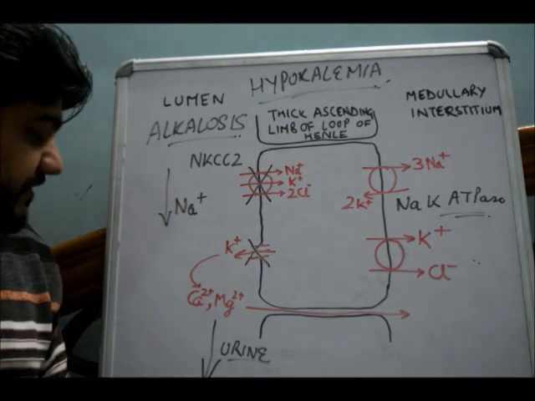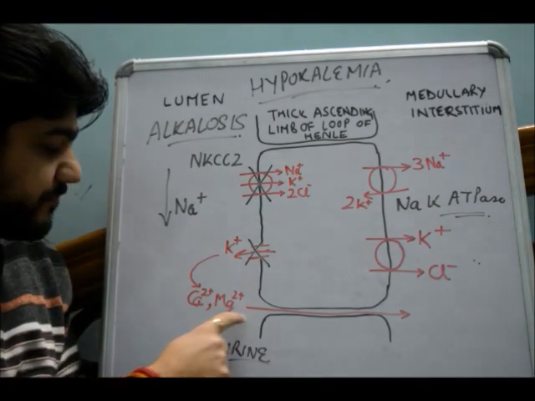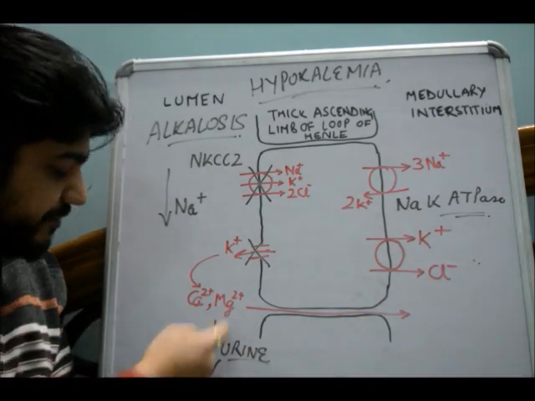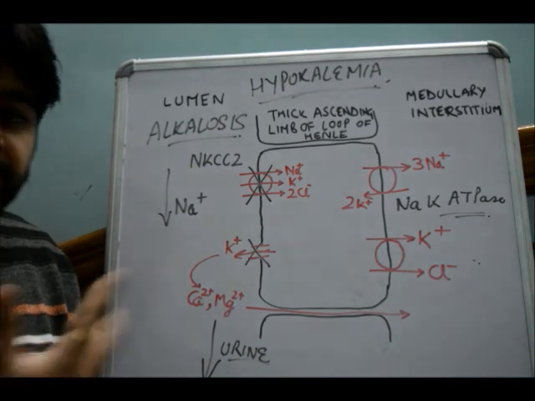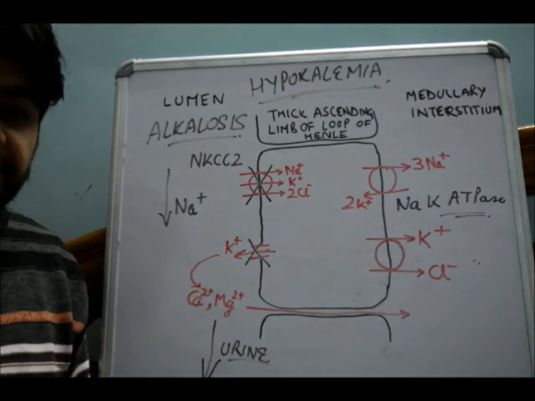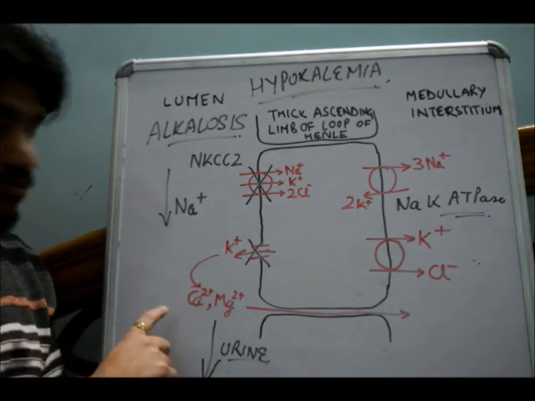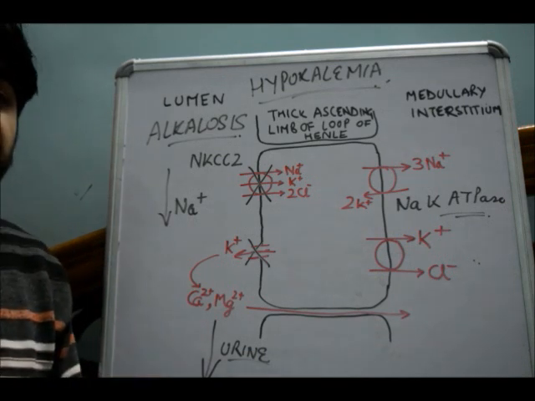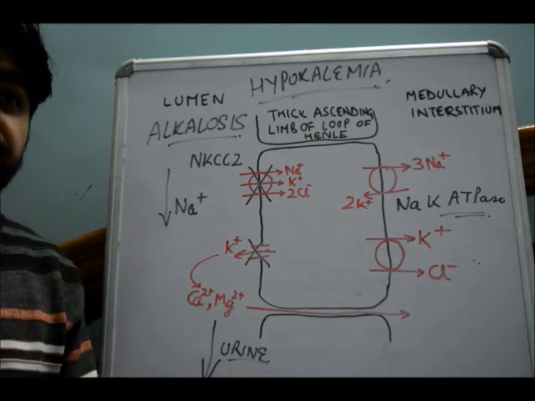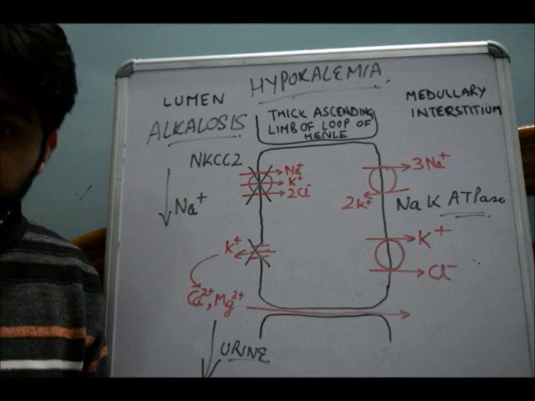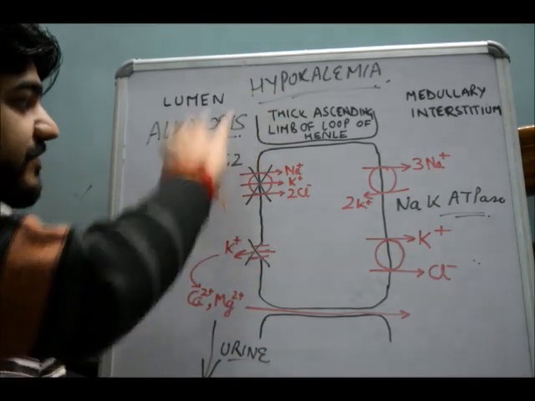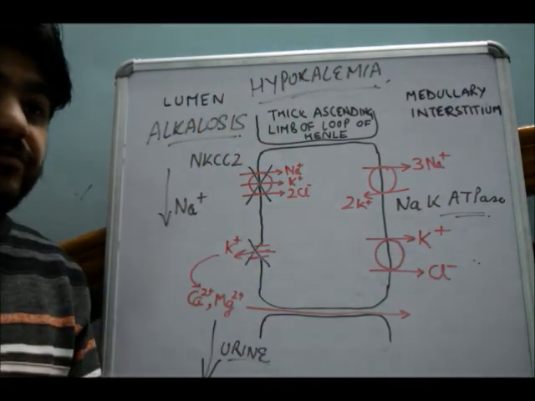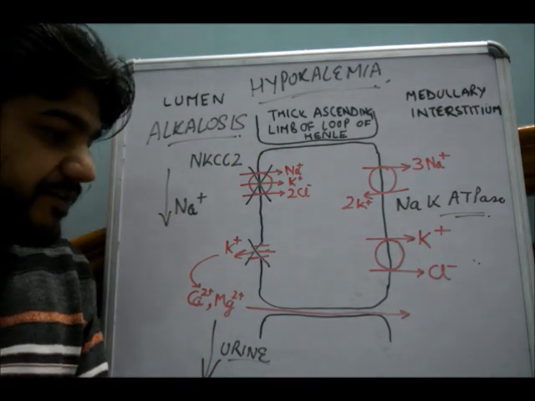And another is, since magnesium will not be reabsorbed, there will be loss of magnesium also, so hypomagnesemia is another adverse effect. Hypocalcemia can also happen, but normally it does not happen because other mechanisms are available which restore the calcium levels. So these are some important adverse effects of the loop diuretics.